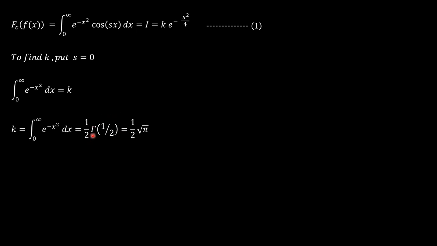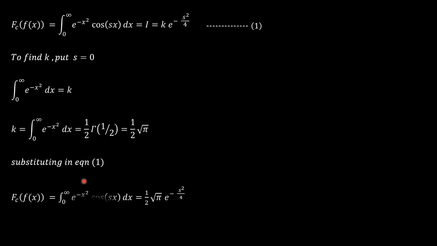And what is the value of gamma half? It is root pi. Therefore, the value of the constant k is root pi/2. Now substituting it in equation number 1, the Fourier cosine transform of the function f of x is root pi/2 into e to the power minus s square/4. That completes the problem, students.